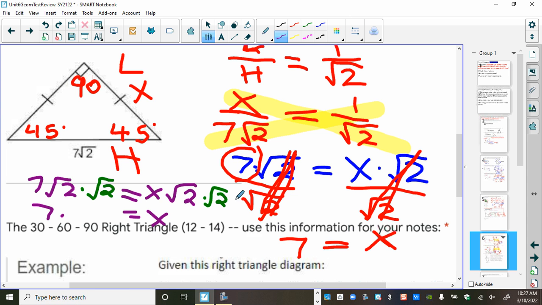What does the square root of 2 times square root of 2 just become? 2. So in both cases, right here, it's just 7 times 2 equals x times 2, or 2 times x, right? Everybody see what's going on here?